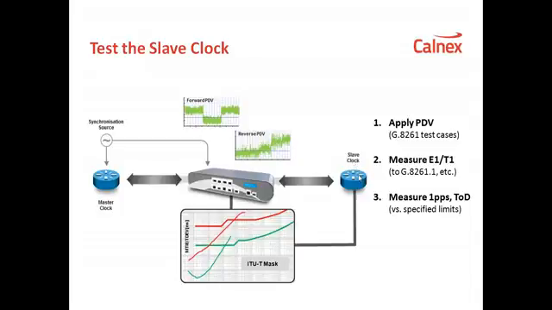We're testing the robustness of the slave to recover, first of all, the frequency measured by way of an E1, T1 against the relevant standards, or the time and phase, the 1 PPS and time of day versus specified limits. We measure the recovered clock from the slave in the presence of packet delay variation. What we're doing here is testing the robustness of the slave to be able to recover an accurate clock within the limit in the presence of network conditions.